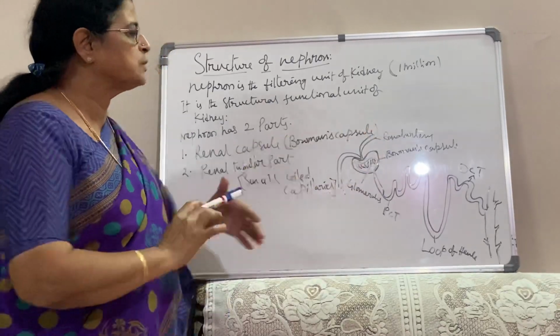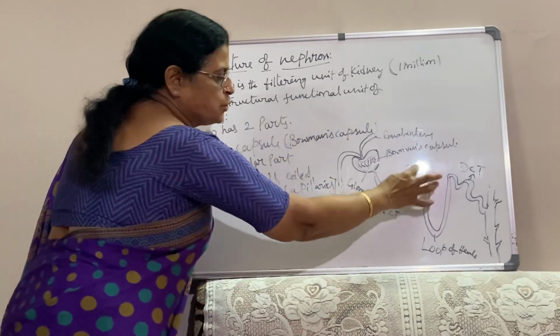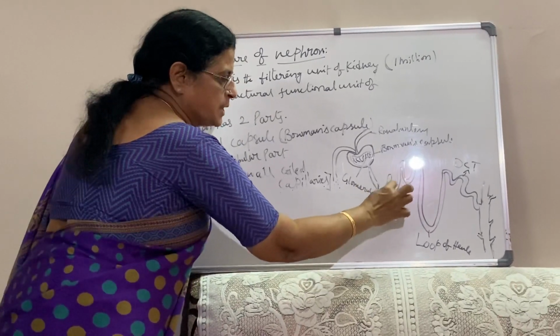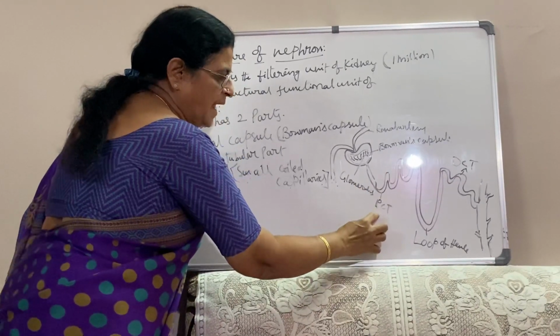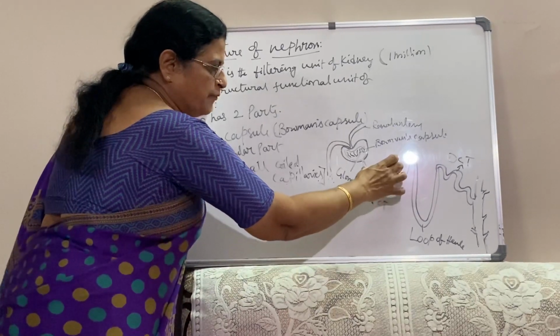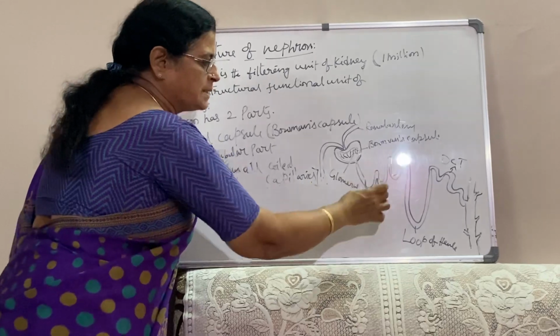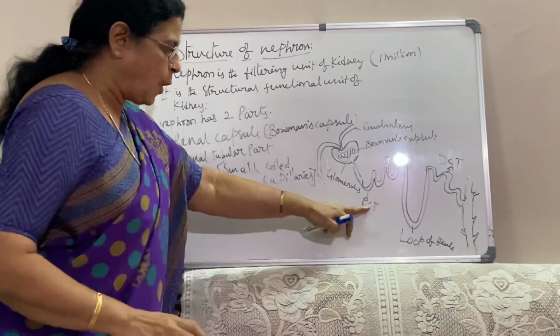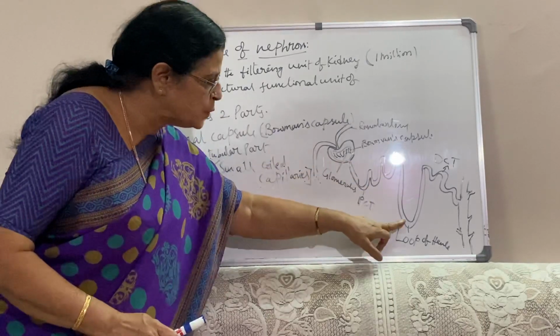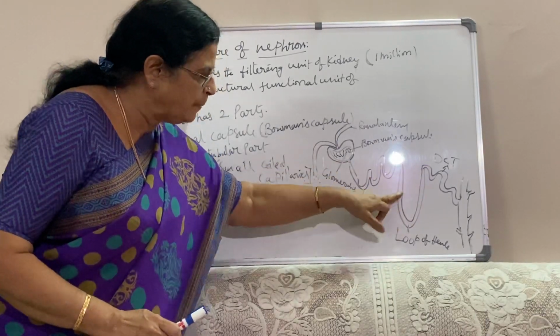Now after this Bowman's capsule, this is the tubular part. You see the convolutions here. This is the PCT, the proximal convoluted tubule. The first convoluted part is called the PCT. Next is the U-shaped one, with the hairpin bending.